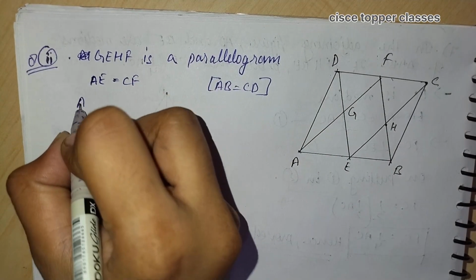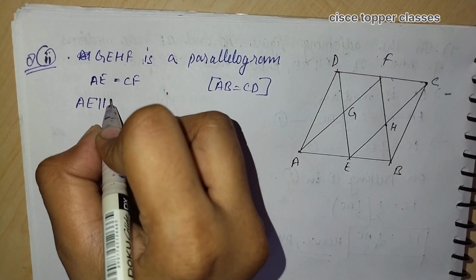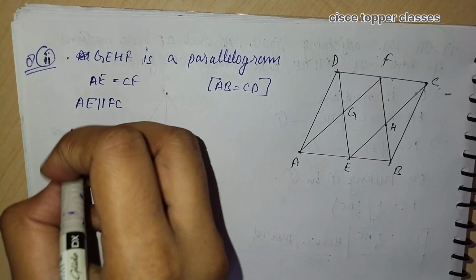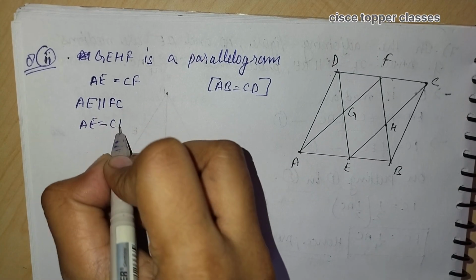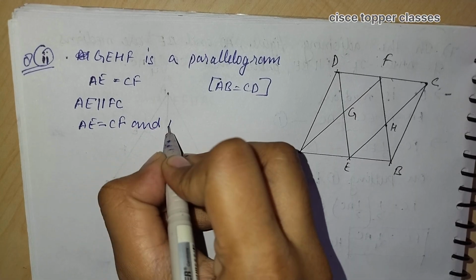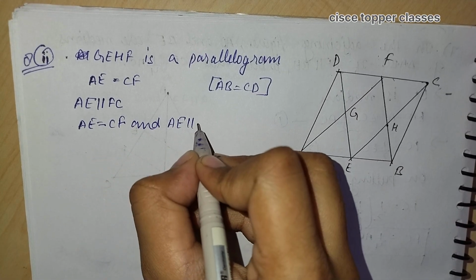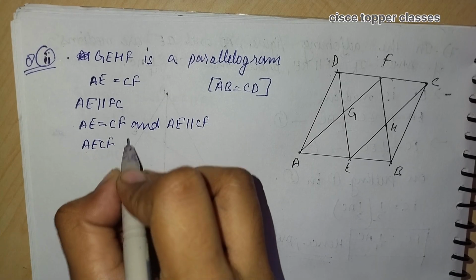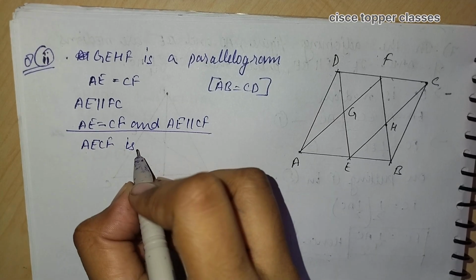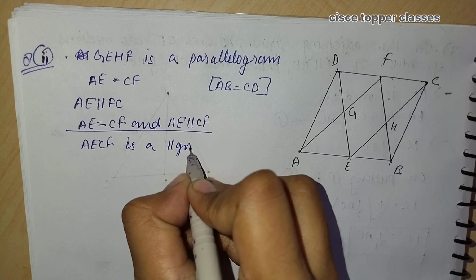Now AE is parallel to CF here. So we can simply write AE is equal to CF, and AE is parallel to CF. As AECF, we can simply write from this information that it is a parallelogram.